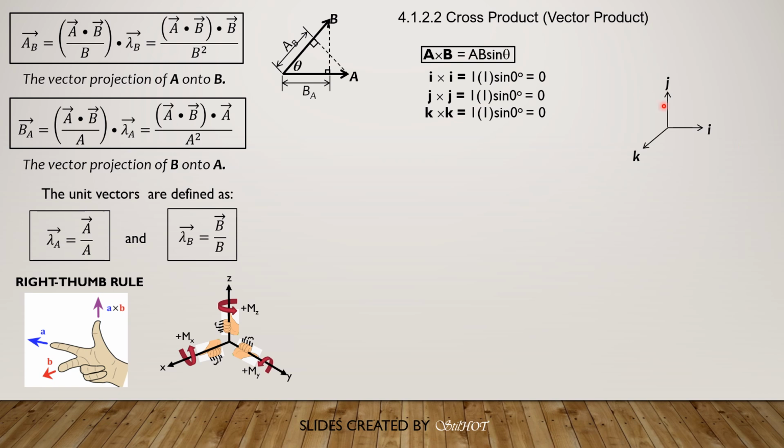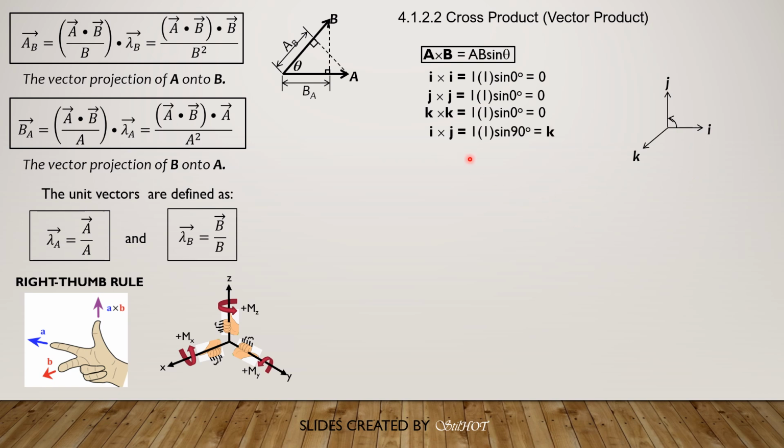I cross J: you position your fingers towards the I direction, then curl them towards the J direction. Your right thumb will be pointing in the K direction, so it is equal to K. So you have here the counterclockwise curling, because that's the positive sense of moment also.